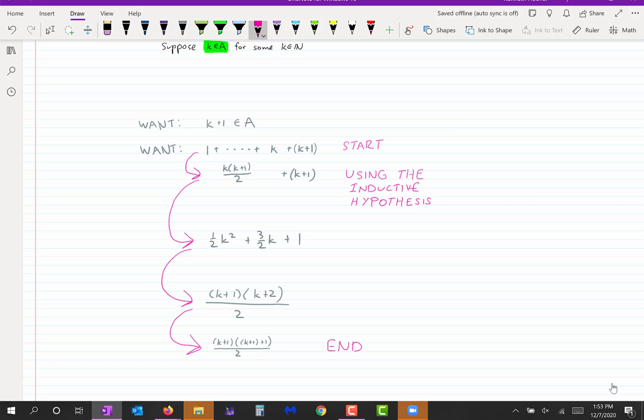And then I expanded. And then rearranged, which in this case, the rearranging was, I factored. So that's why I would have exactly those 5 steps.